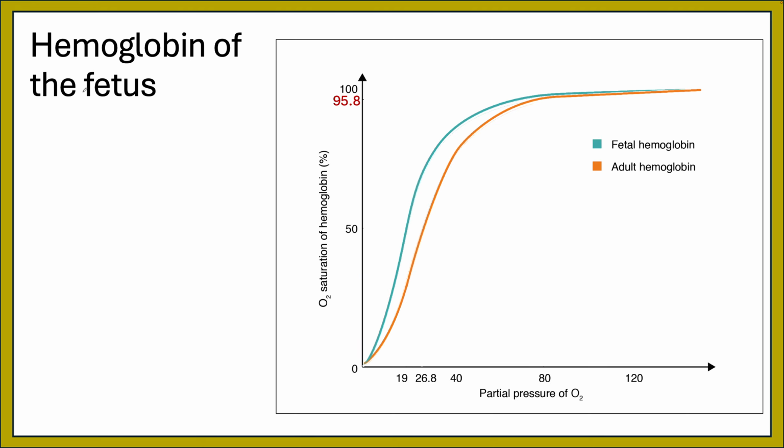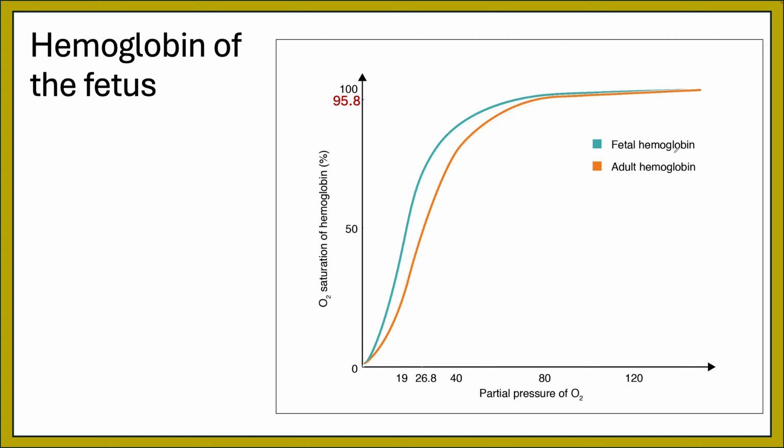One other thing to consider is the hemoglobin of the fetus. So the fetus is different from normal humans in that it is not getting its oxygen directly from its lungs, but it's getting its oxygen from the mother's circulation. So because of this, you have to have a higher affinity for the oxygen than the adult.